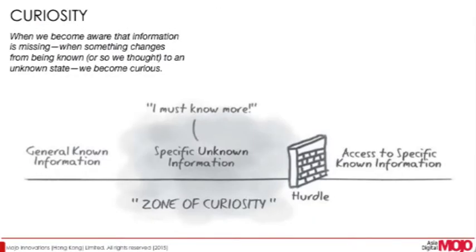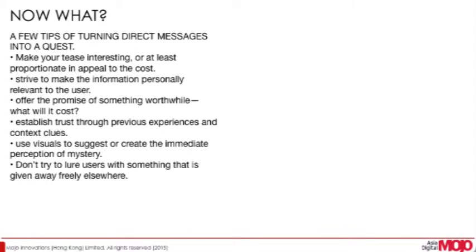When we become aware that information is missing, when something changes from being known to an unknown state, we become curious. Curiosity motivates people to get to know more information and to get more knowledge about you. So now what?